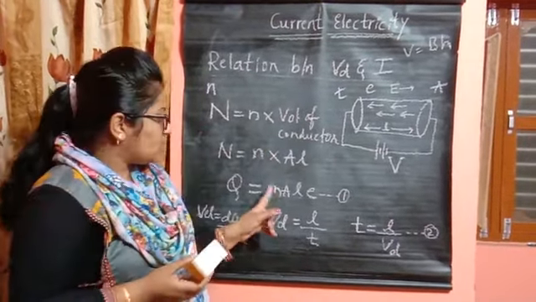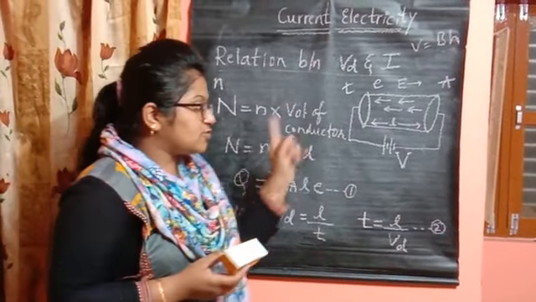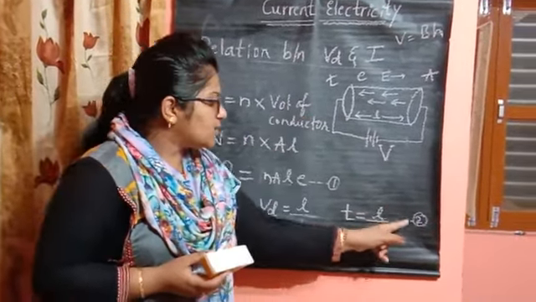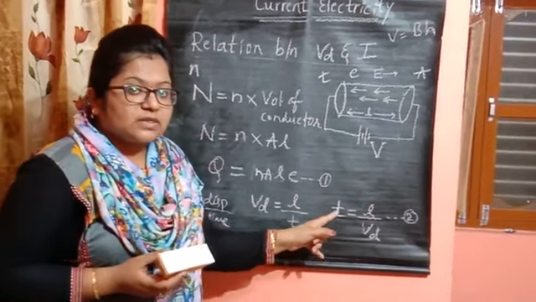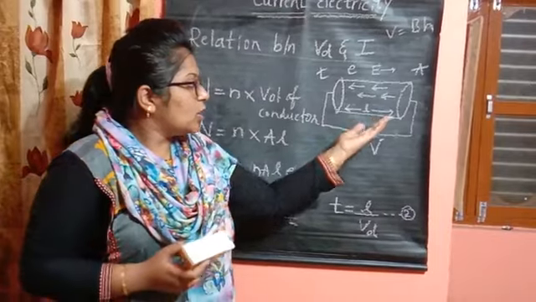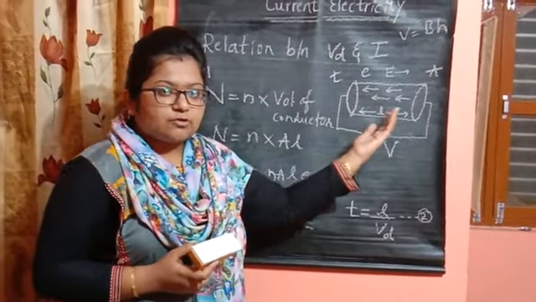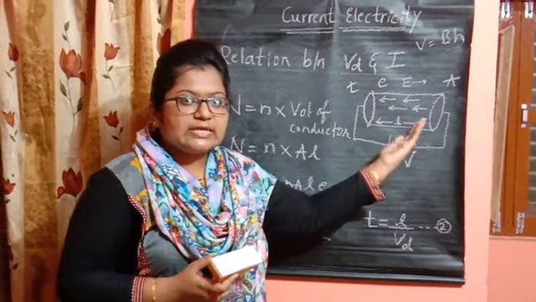So in equation number 1 we obtained Q, the total charge moving in the conductor, and in equation number 2, t, the time the electrons take to flow in this conductor.